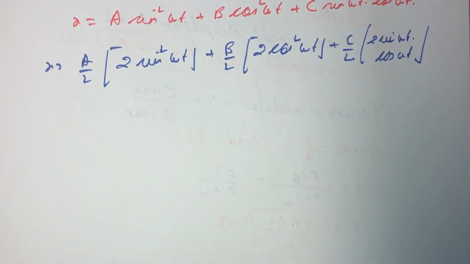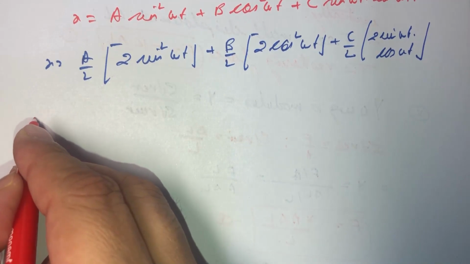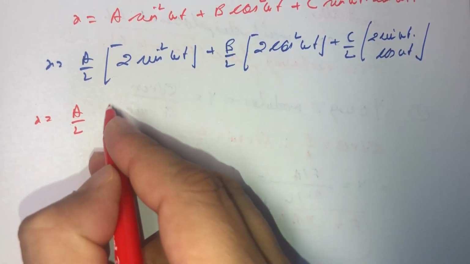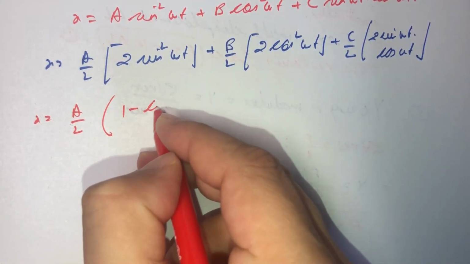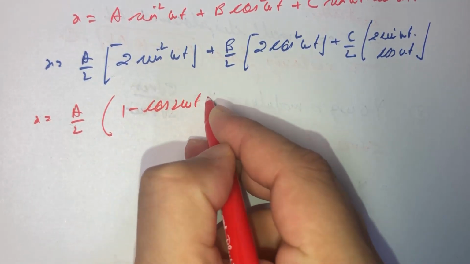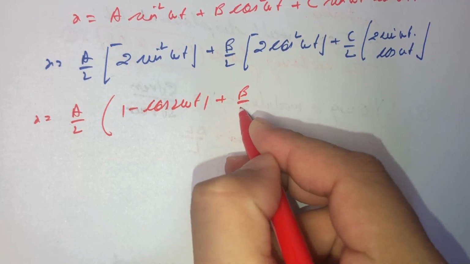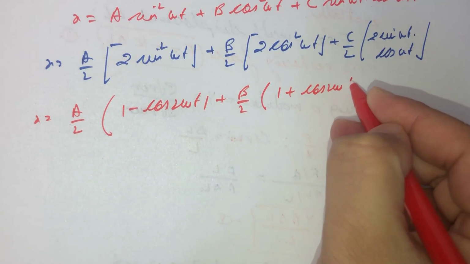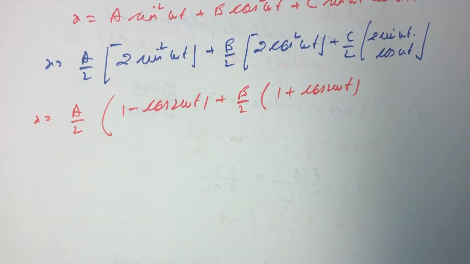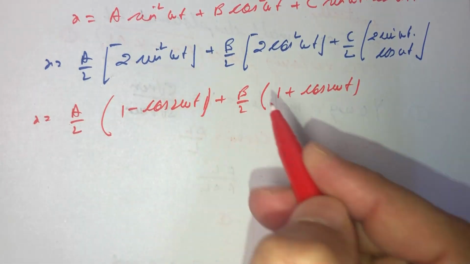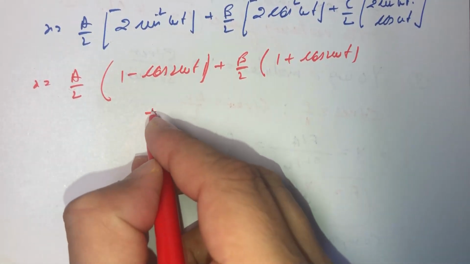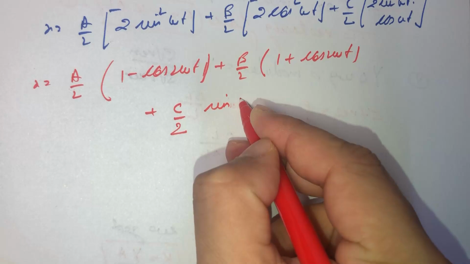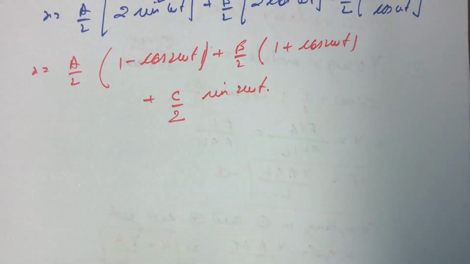We are going to open by using the trigonometric formula. We get x is equal to a by 2, so this will be 1 minus cos 2 omega t, plus b by 2, 1 plus cos 2 omega t, and our last one will be plus c by 2, sine 2 omega t.